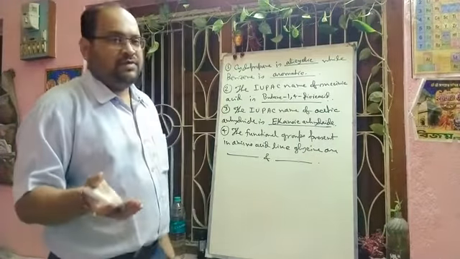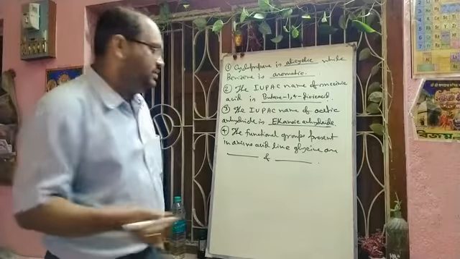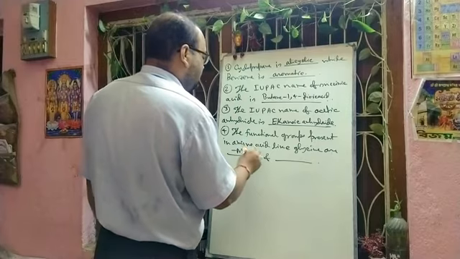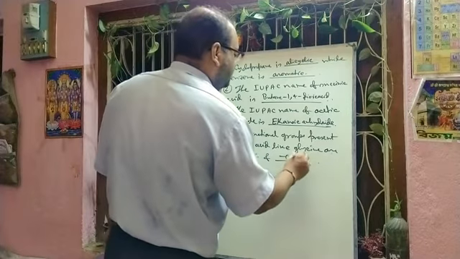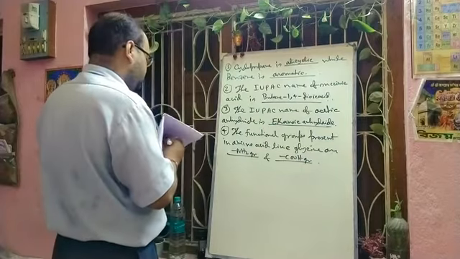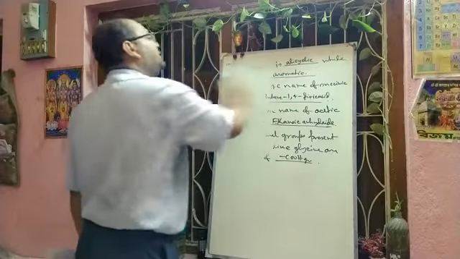Amino acids, from the name you can understand, one will be the amine group, NH2 group, another will be the carboxylic acid. So one is NH2 group and another is COOH group. Next we will discuss isomers, from the organic chemistry part.